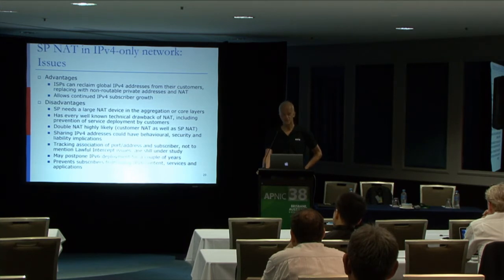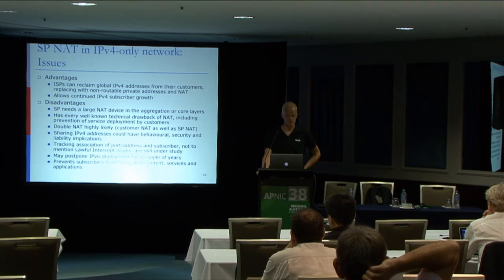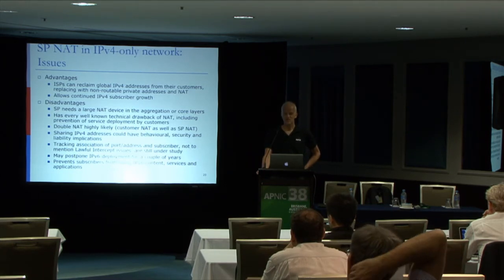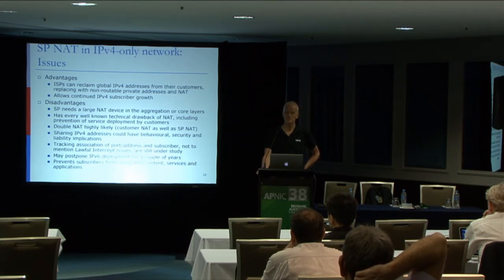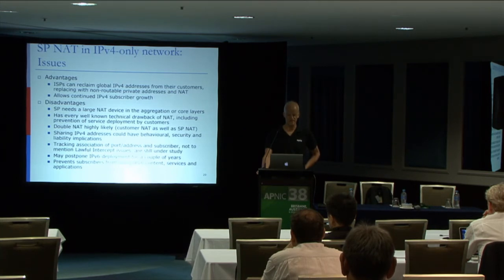Disadvantages: you need the big NAT box. You need an aggregation in the core layers, all the core layers. I'm not even going to start on all the technical drawbacks of NAT, but NAT has got a fairly serious list of technical drawbacks, which security people definitely don't want to see, NAT boxes used anywhere within the network at all.